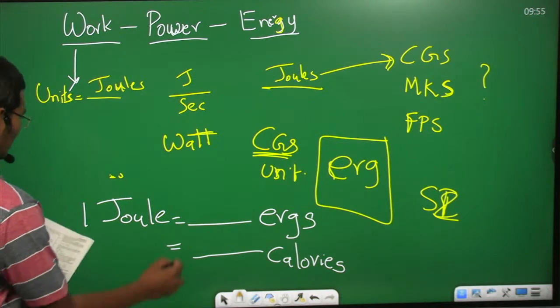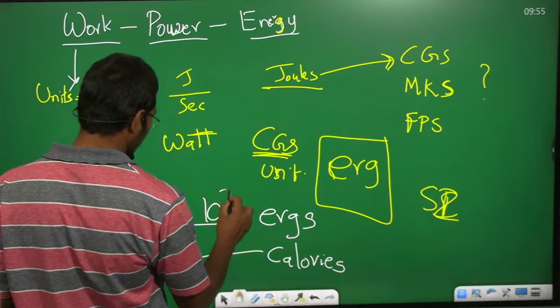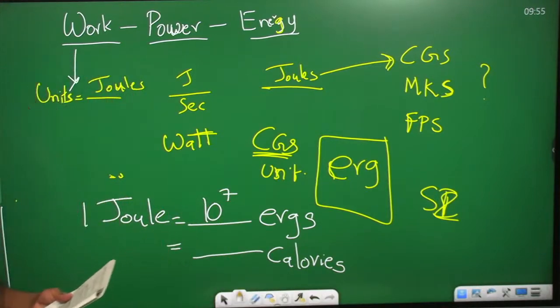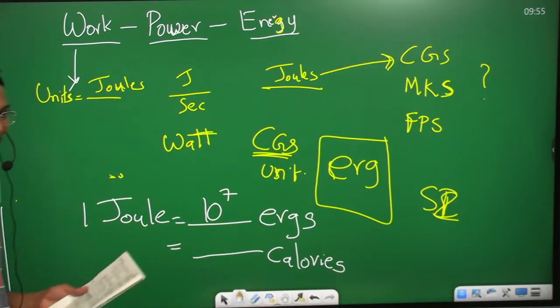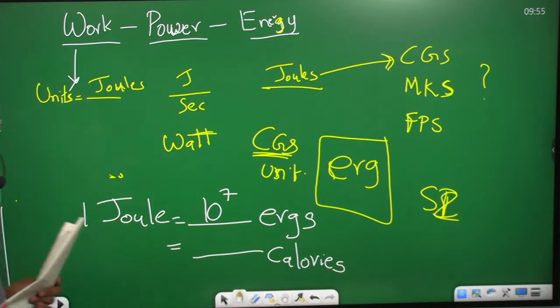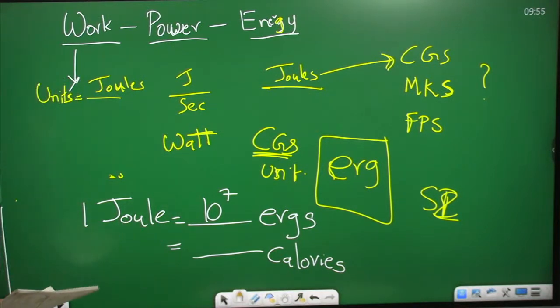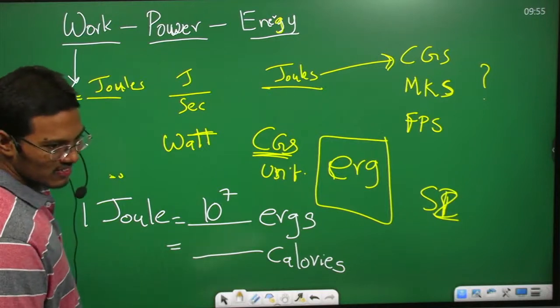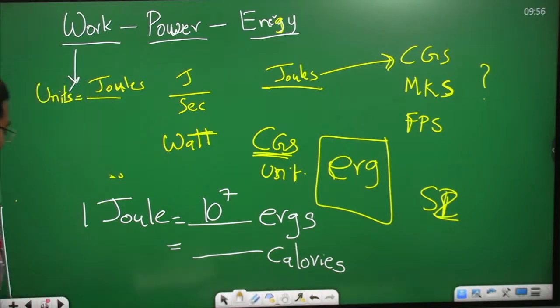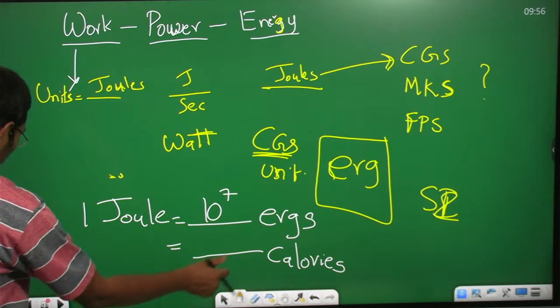He said, right, it is 10 power 7. You need to be loud enough so that it should be heard. So what is 1 joule in terms of calories? See, you will come across these joule and calorie terms in chemistry as well. So you check this.